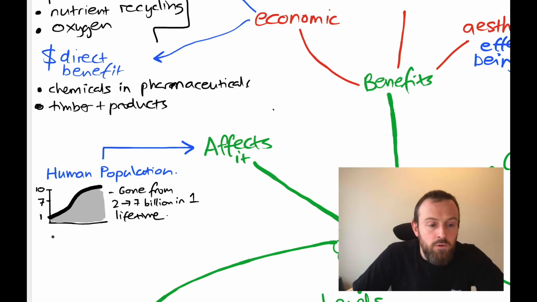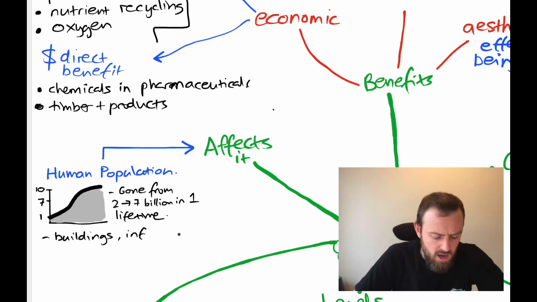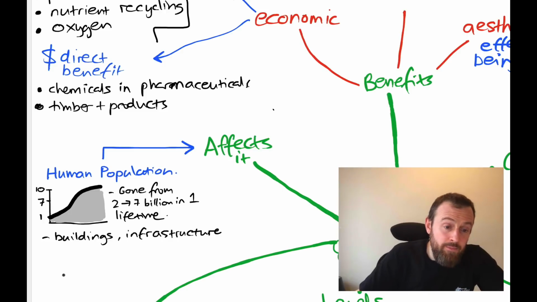Well, people need buildings to live in. So the fact that there are more people means there are more buildings. They need infrastructure: roads, power stations, all that kind of stuff, bridges. They pollute.